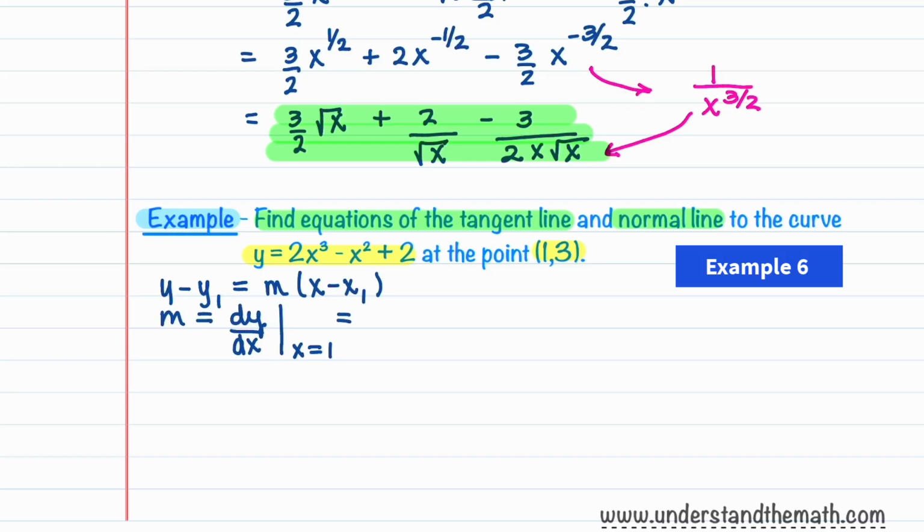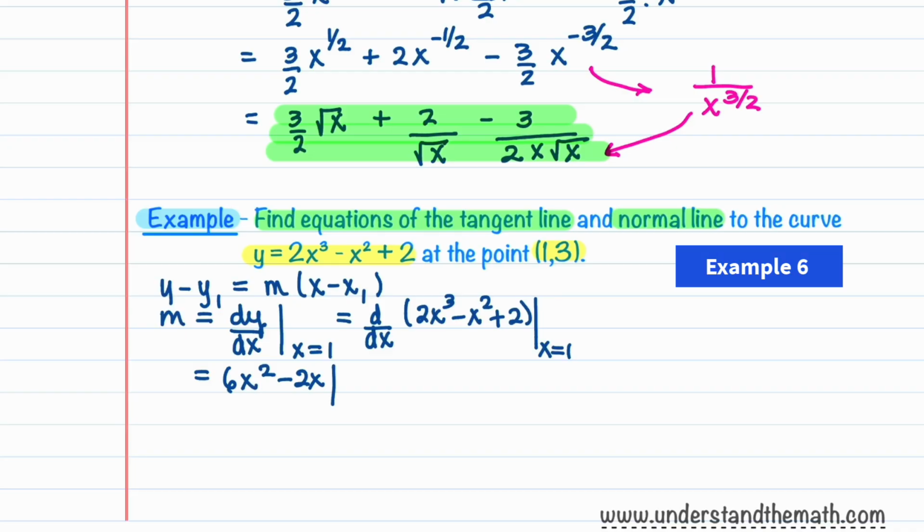So what we're doing is we're finding the derivative at the point x is equal to 1. Let's write down what our derivative is. That is going to be the derivative with respect to x of 2x cubed minus x squared plus 2 evaluated at the point x is equal to 1. This is equal to 6x squared minus 2x, and then the derivative of 2 is 0.